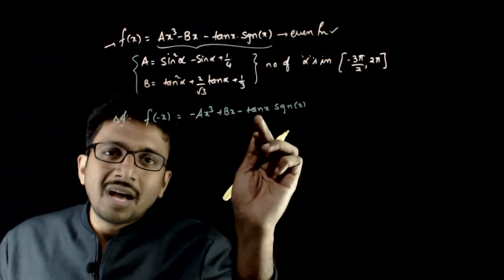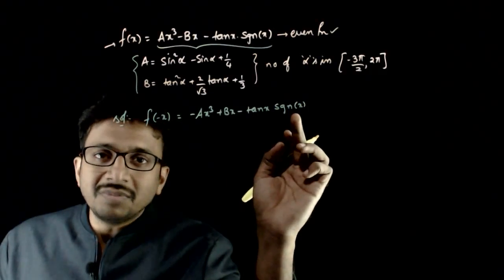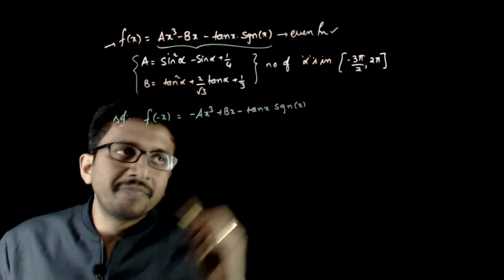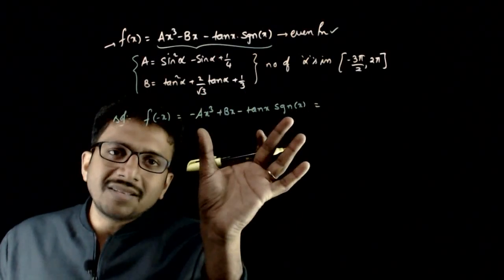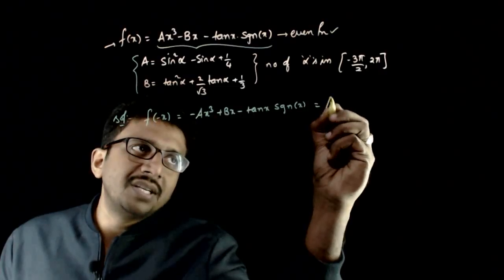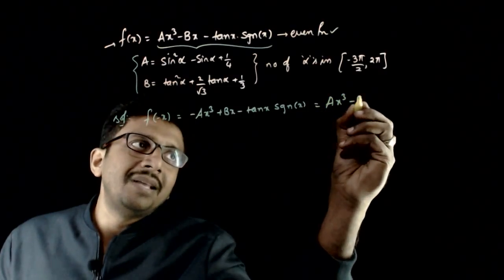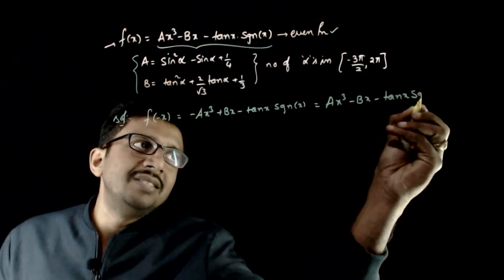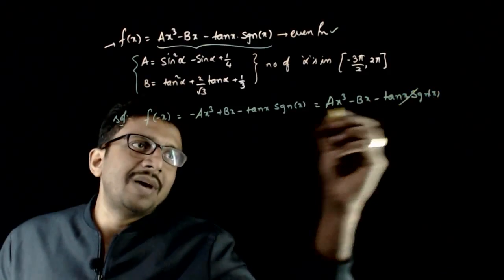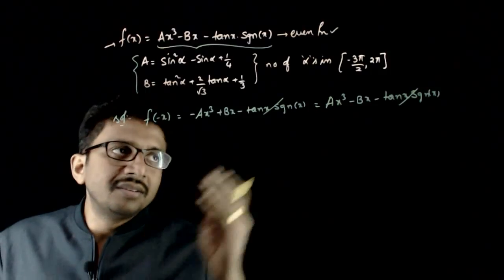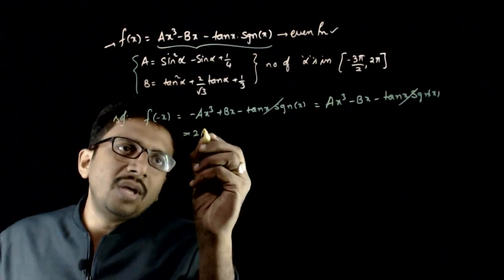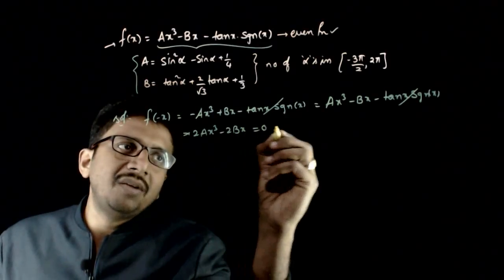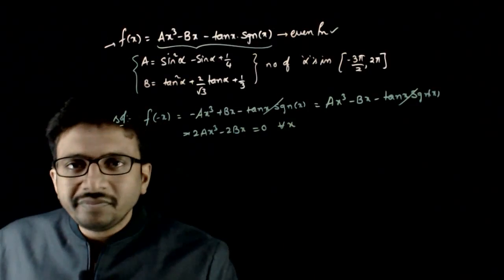So you get a minus outside from tan x as well as from signum x, so you get a minus as it is. And this is f of minus x. This has to be equal to f of x, that is ax cube minus bx minus tan x signum x. So this minus tan x signum x gets cancelled. So this implies 2ax cube minus 2bx has to be equal to 0 for all x.